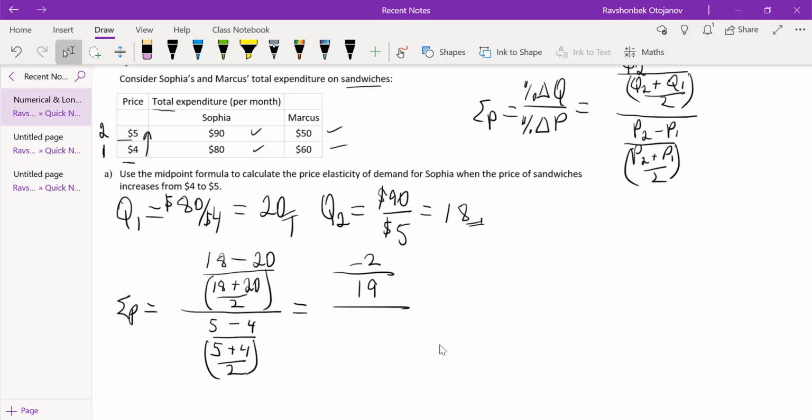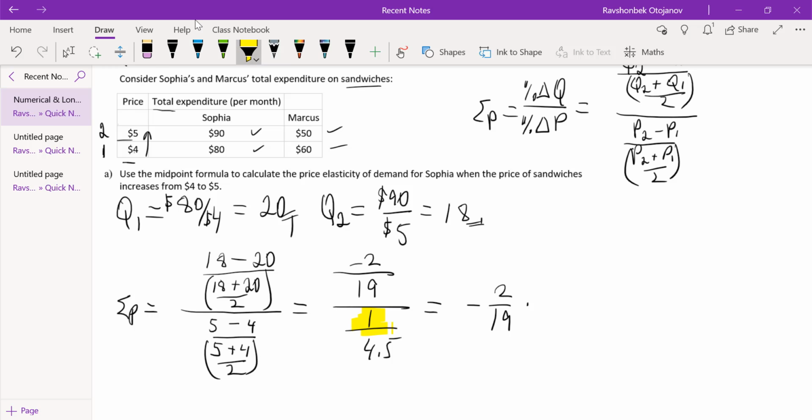And here we have 1 over, what's this? This is a very cumbersome number, I should say, which then gives us something like minus 2 over 19. The denominator ratio here, let me just draw, probably you don't see my cursor here.